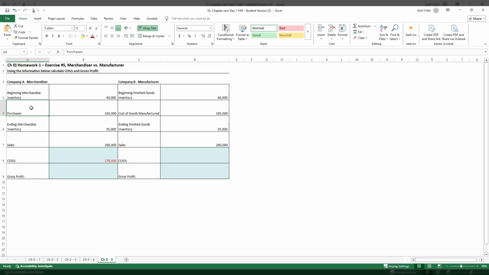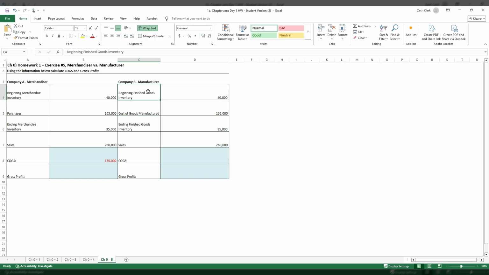A merchandiser makes purchases to add to its merchandise inventory, whereas a manufacturer manufactures more goods that get added to the finished goods inventory. So we're going to use a different term there called cost of goods manufactured. This is all the new finished goods that we were able to manufacture this period that we added to what we had as a carryover as a beginning amount.